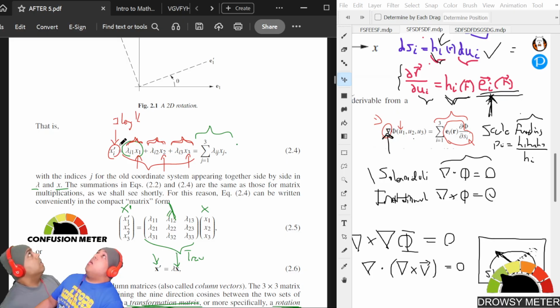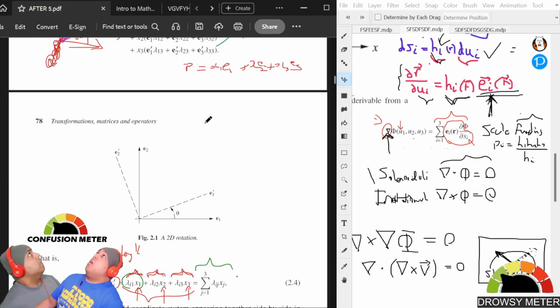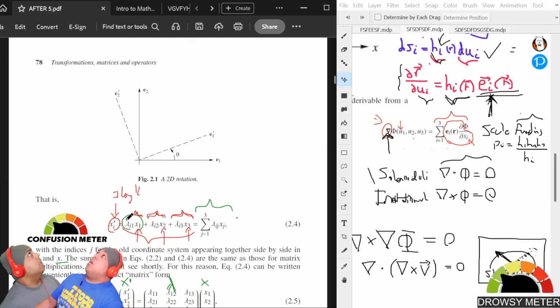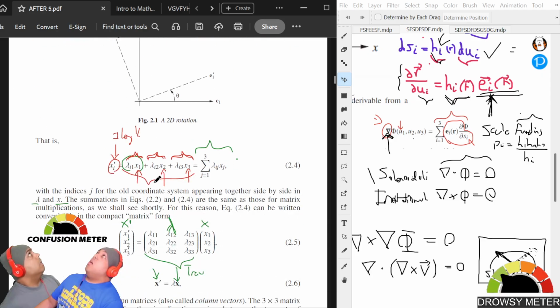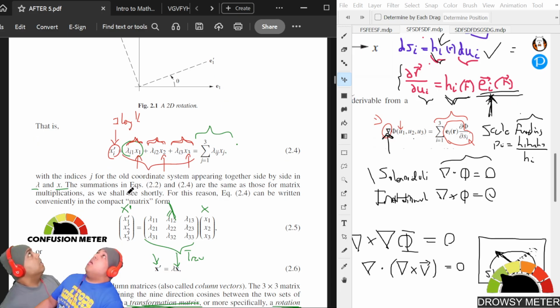That is, xi prime equals cos theta ij times xj. Okay. With the indices of j for the old coordinate system appearing together side by side in lambda and x, the summations are the same as those for matrix multiplications, as we shall see shortly.